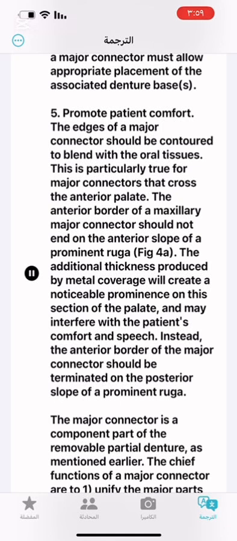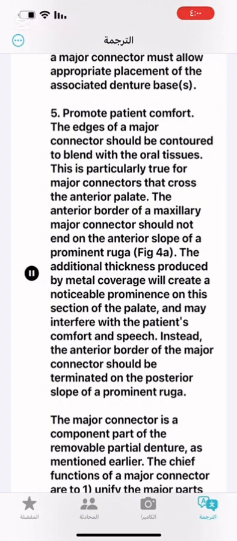Be rigid. A flexible major connector may cause severe damage to the hard and soft tissues of the oral cavity. Flexibility allows forces to be concentrated on individual teeth and segments of the residual ridges.